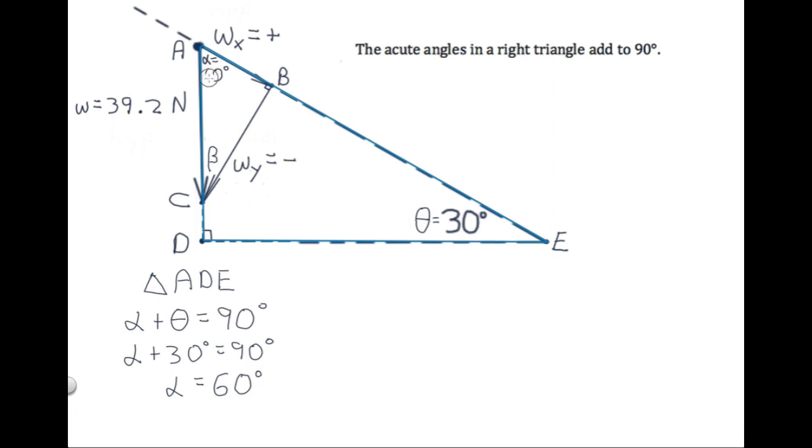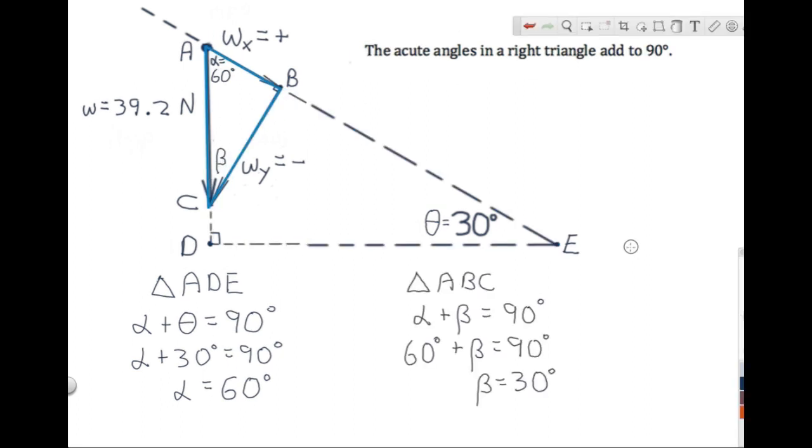Now, we could apply the SOHCAHTOA equations focusing on this 60-degree angle, but it would be more conventional to focus on angle beta. So let's go on and determine angle beta. In order to determine angle beta, let's shift our attention to this smaller right triangle, right triangle ABC.